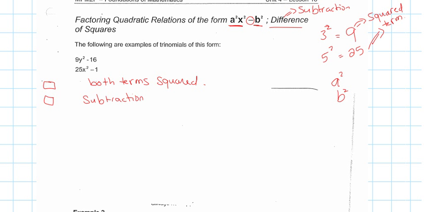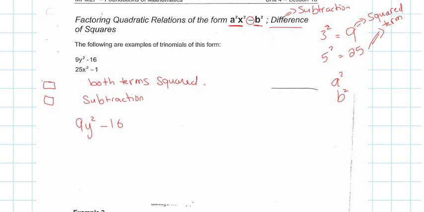Okay? So let's look at the first one. So I have 9y squared minus 16. I want you to look at the back sheet and tell me, is 9 a squared term and is 16 a squared term? Yes. So you have a 9 somewhere. What gives you 9? 3 squared. What gives you 16? 4 squared. Okay.